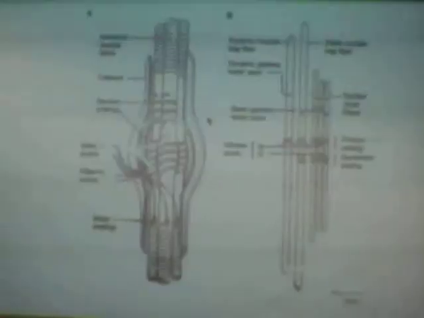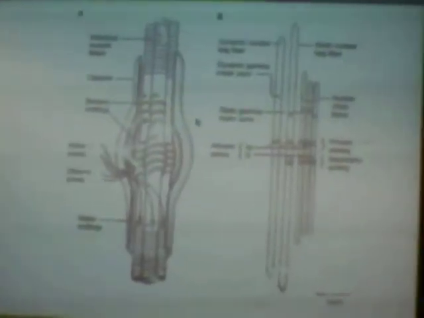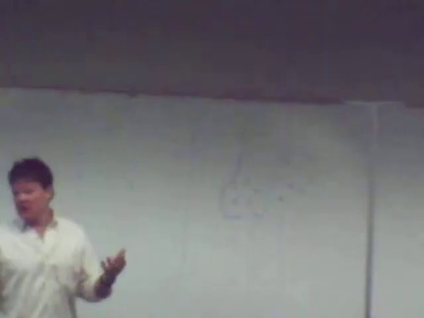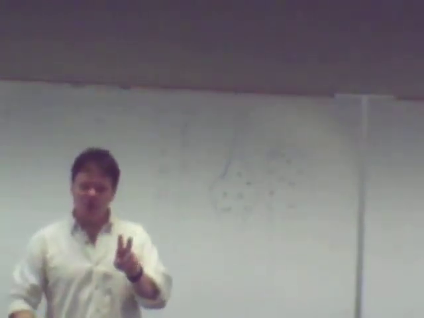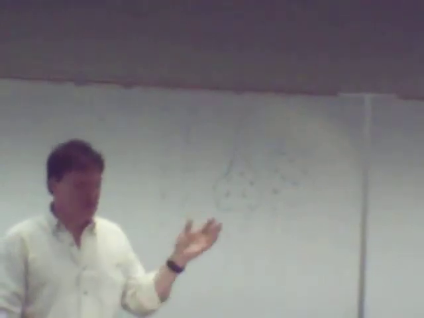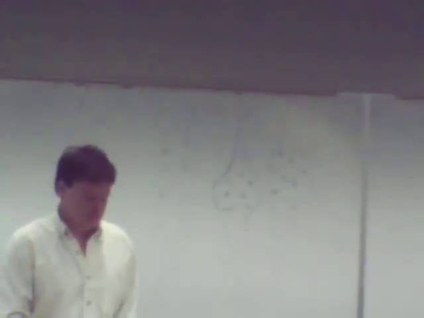Alright? On the right hand again. And they're called nuclear chain because the nuclei are arranged in a chain along the length of this fiber. Okay, so a couple of bag fibers, one static, one dynamic, and 4 or 5 chain fibers, roughly. Okay?